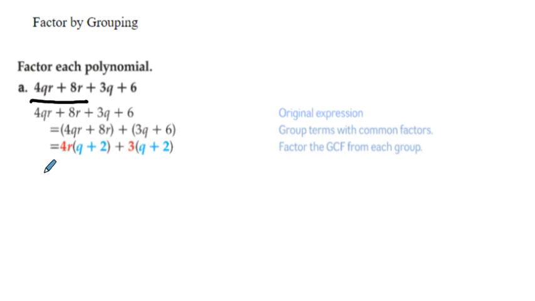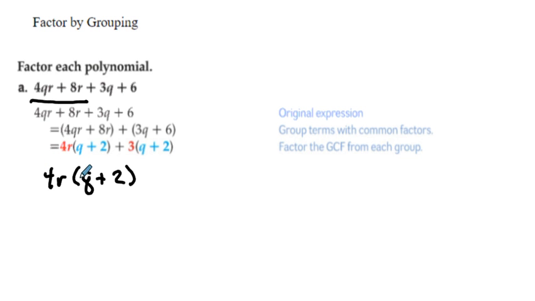So the way this works then is you say, okay, I'm going to start with just this piece right here, and I'm going to pull it apart. I know I'm doing exactly what's written here, but I think talking through it might make a little more sense. I know that 4 and 8 share 4 as a number, and I also know that they share the variable r. And then you just finish it up and you say, okay, that leaves q plus 2, right?